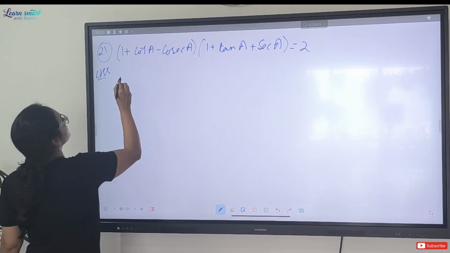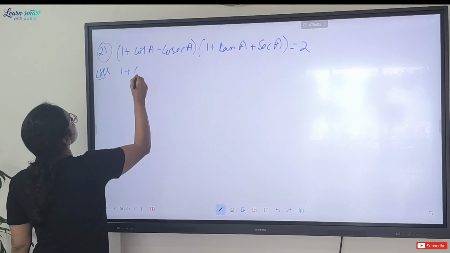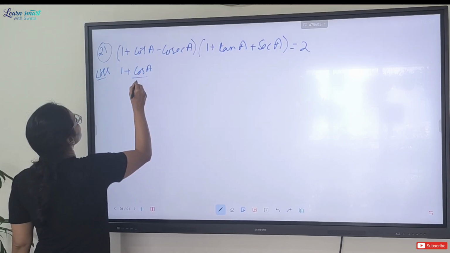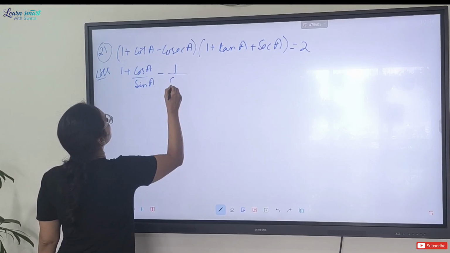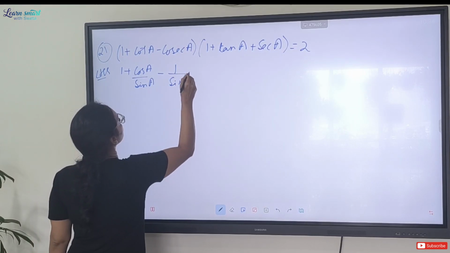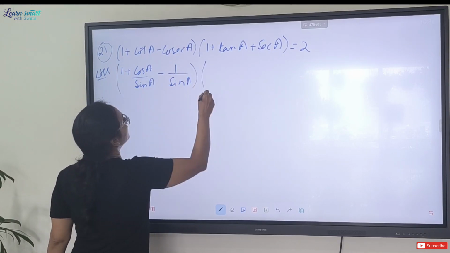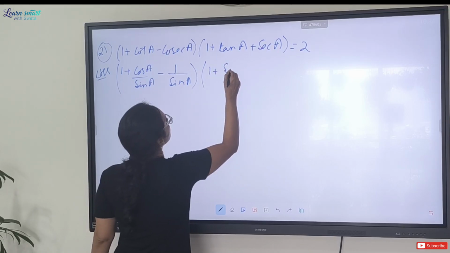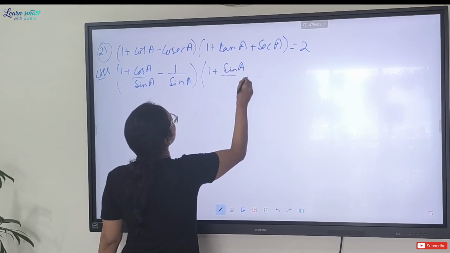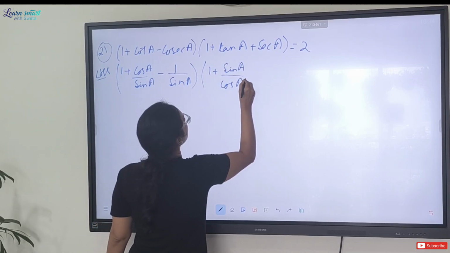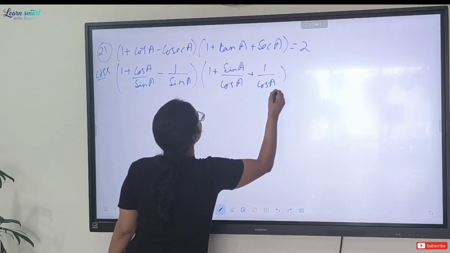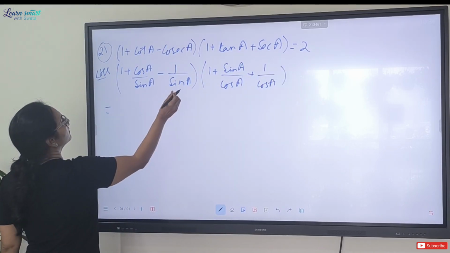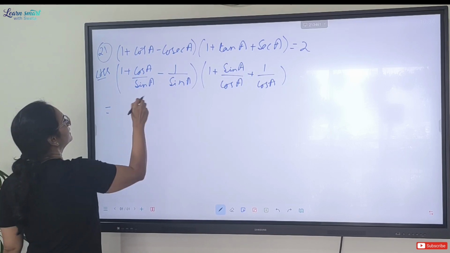So we will write 1 plus cos A by sin A minus 1 by sin A into 1 plus sin A by cos A plus 1 by cos A. Now we will simplify by taking out LCM.